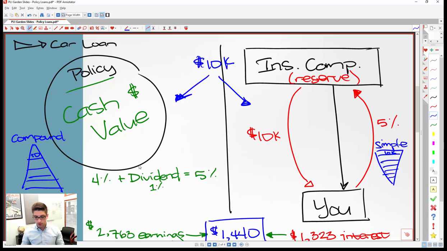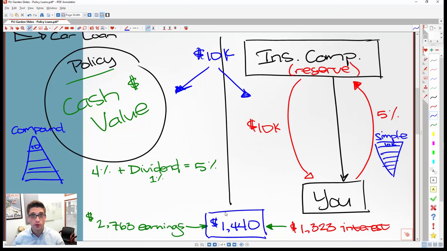Okay, so we get this simple versus compound. Now on a day-to-day basis, this would just be a wash. But when we involve the time value of money in all of this, that's when we see this $1,440.